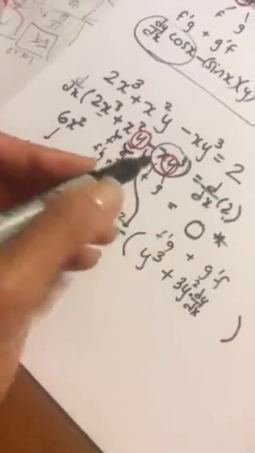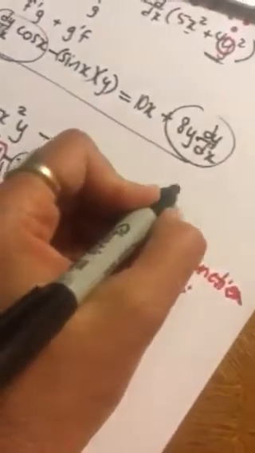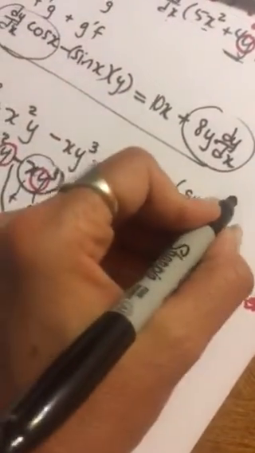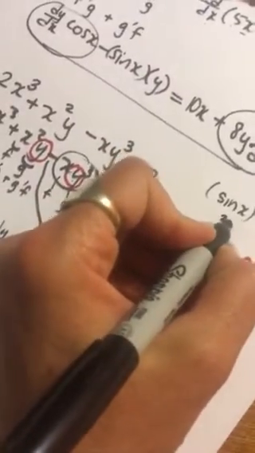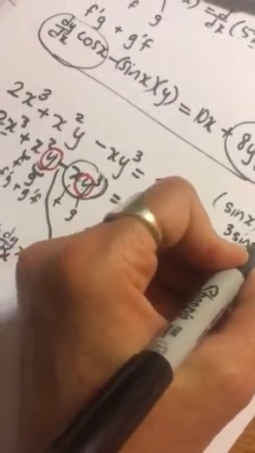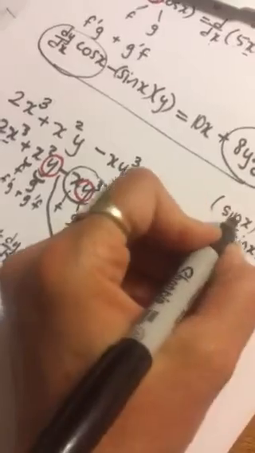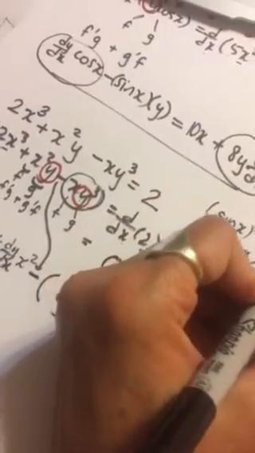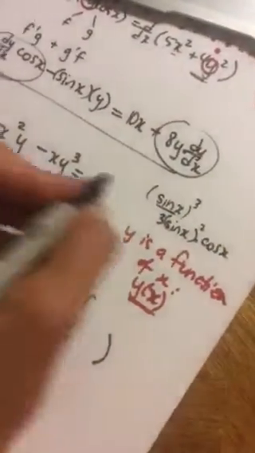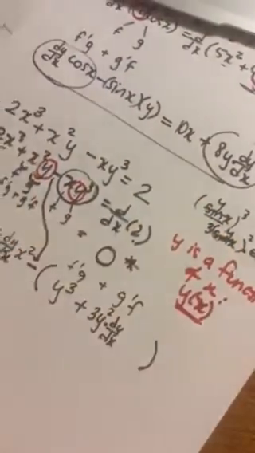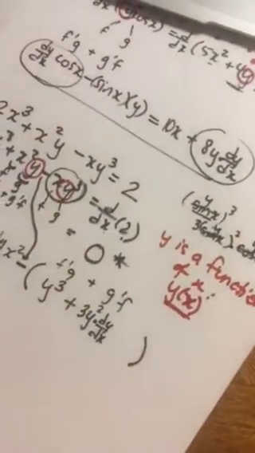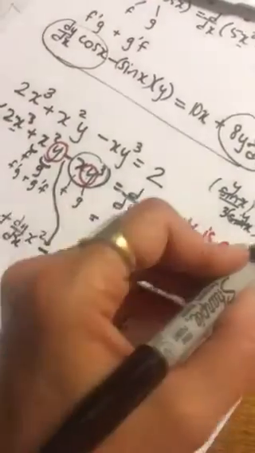So if, for example, I had something like sine of x cubed, how would you take the derivative of that? Well, it would be 3 times sine of x squared times the derivative of sine of x, which is cosine of x. So in our case, this is just y, and that's where the y prime comes in, and this is where the y comes in.